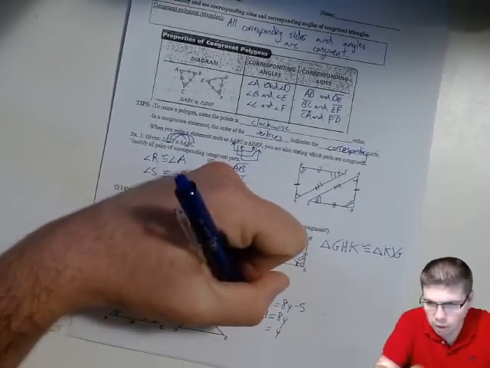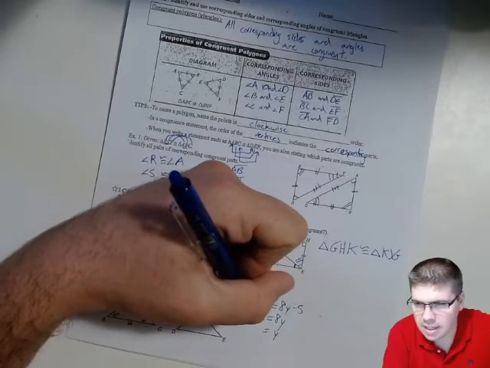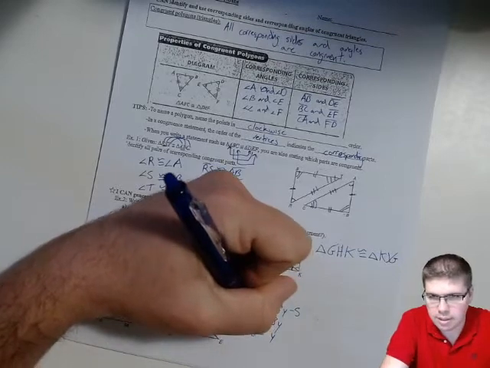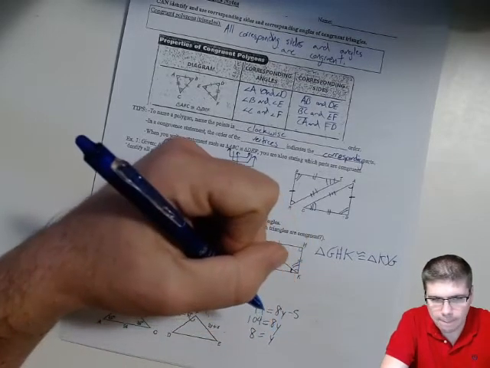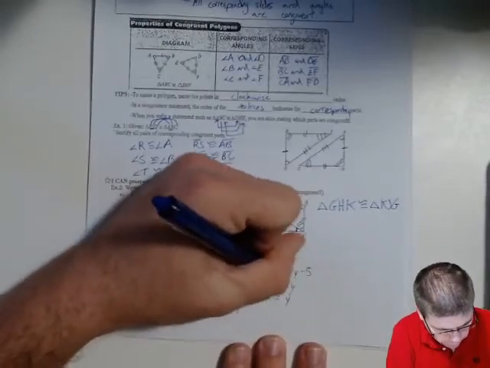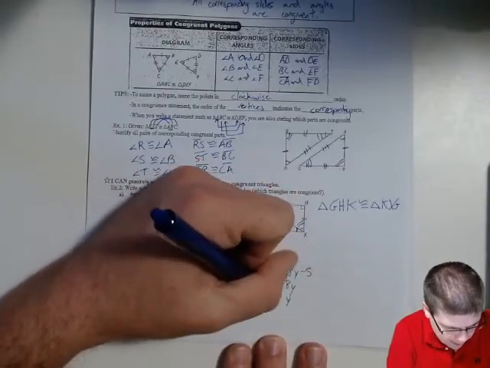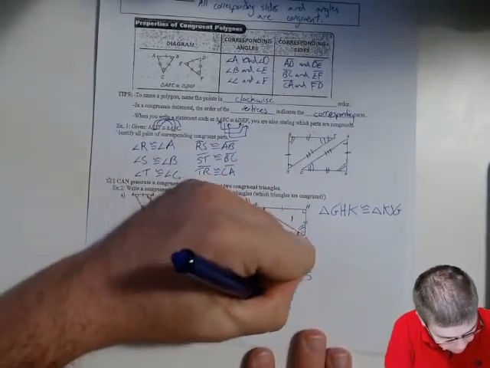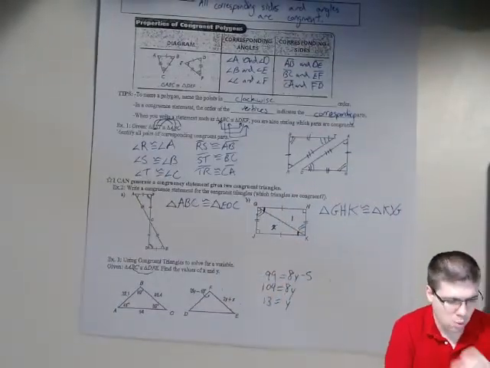So 104 divided by 8 is not a nice number. Let me get this plugged in. All right, never mind. It is nice. 104 divided by 8 is 13. So 13 is nice. So we know y is 13.